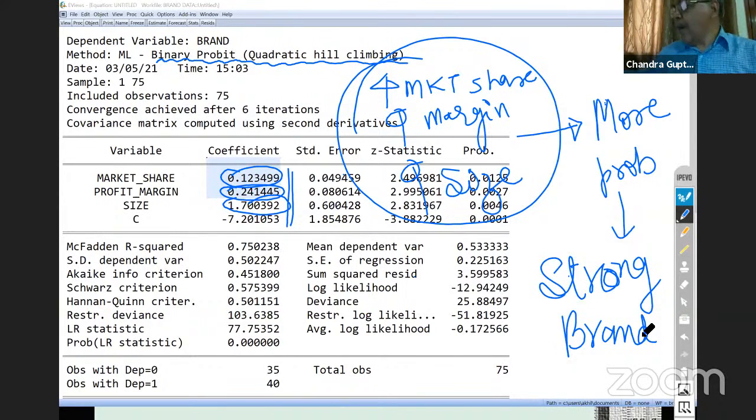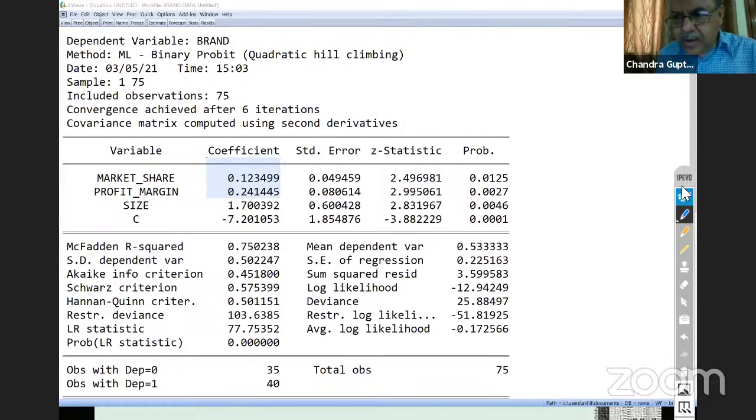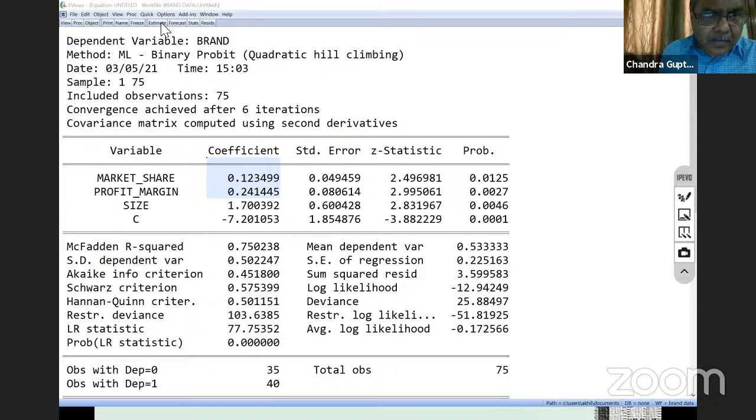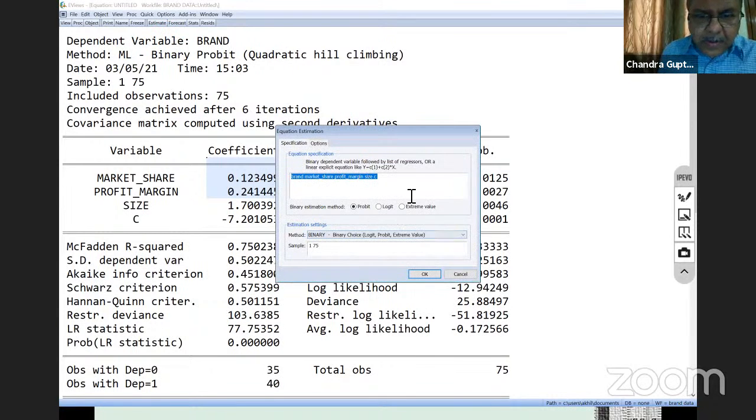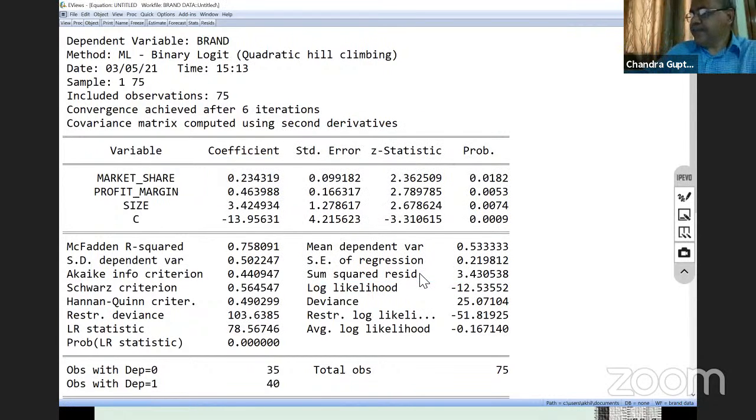Okay, if I run the logit model, then let's see what we get here. Same equation which we have here. Instead of selecting probit, you have to click on logit. And then you say okay, and you get the results.